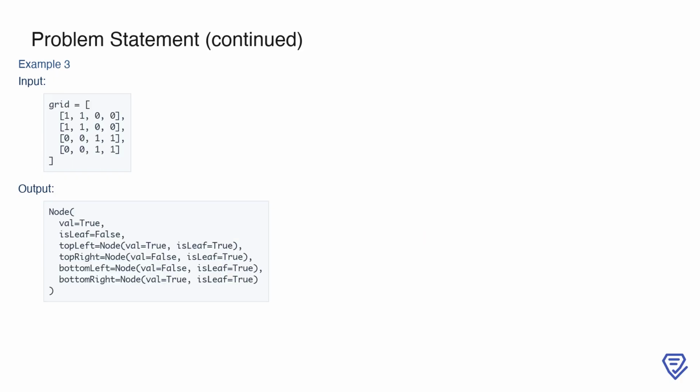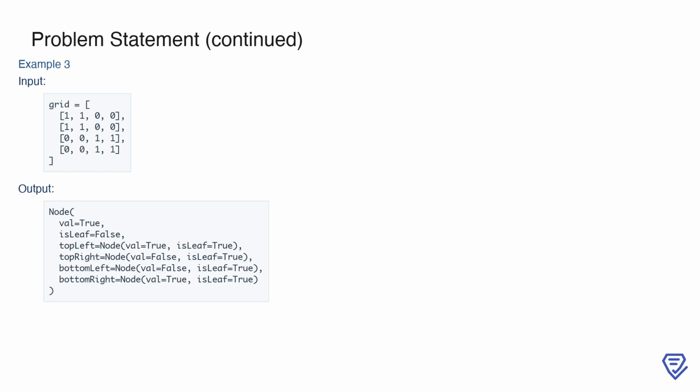In the third example, the input grid is a 4 by 4 matrix, 1, 1, 0, 0, 1, 1, 0, 0, 0, 0, 1, 1, 0, 0, 1, 1. The grid as a whole is not uniform, so the root node is a non-leaf node with isLeaf equals false. The grid is divided into 4 quadrants. The top left quadrant contains all 1s, so it's a leaf node with val equals true.